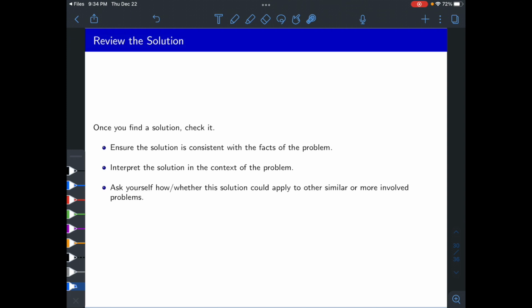In terms of building your problem solving skills and getting you ready to do similar problems, ask yourself how or whether this solution could apply to other similar or more involved problems.